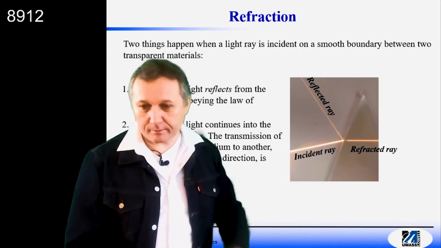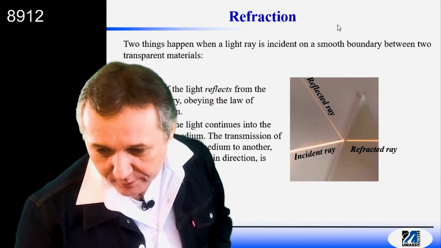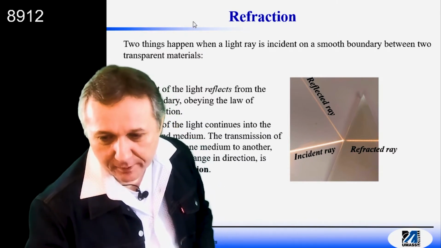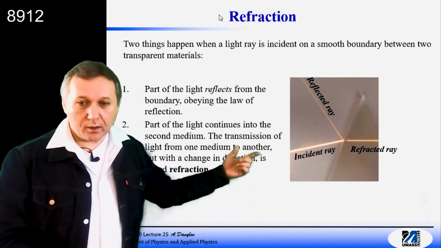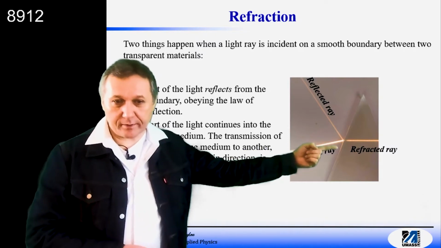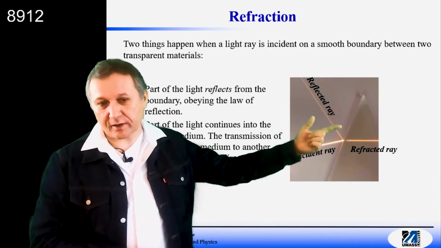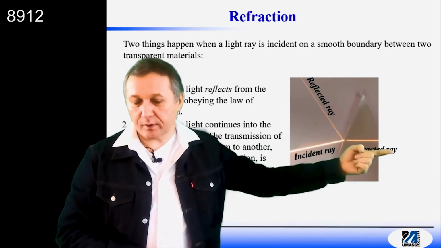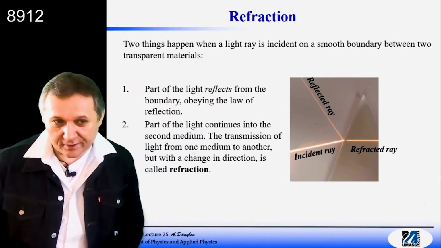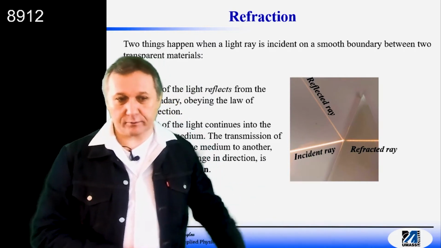So we have an incident ray, and part of that light will be reflected. We just discussed it. And part will be refracted, so it manages to enter the second medium. Let's discuss this refracted ray, relative to the incident ray.